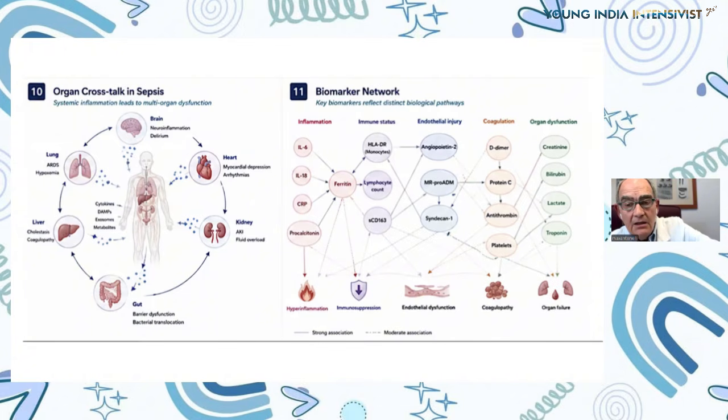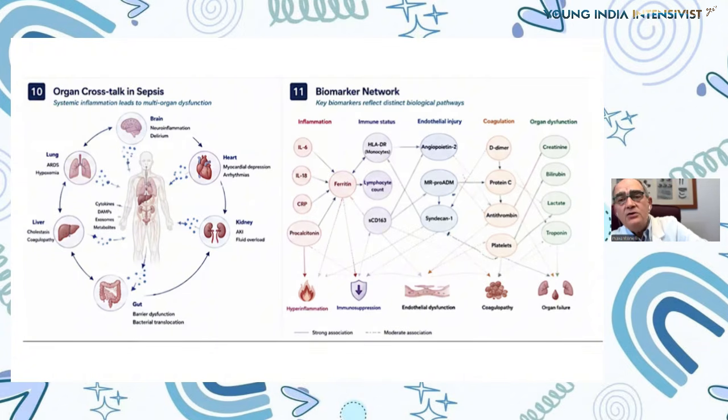And then the endothelial injury that we can also suspect or better identify, caused by the different immunostatus, looking at angiopoietin 2, for example, or at proadrenomedullin.